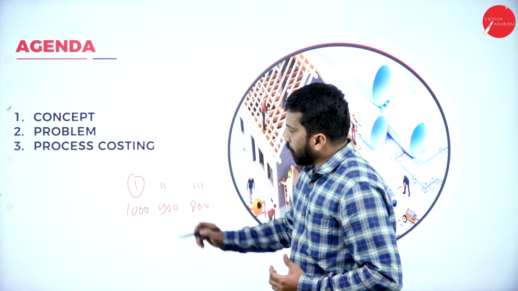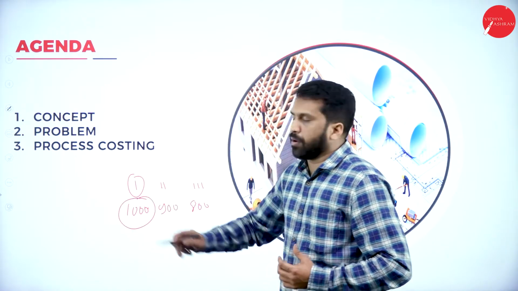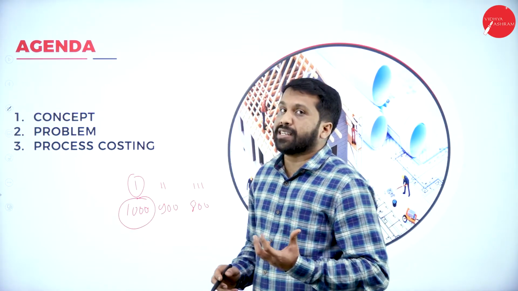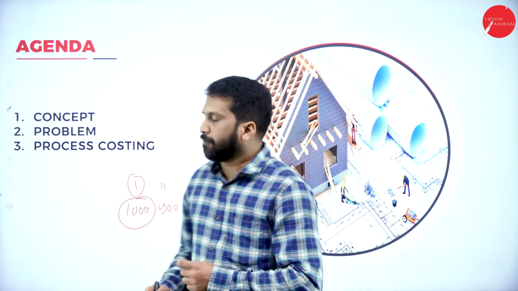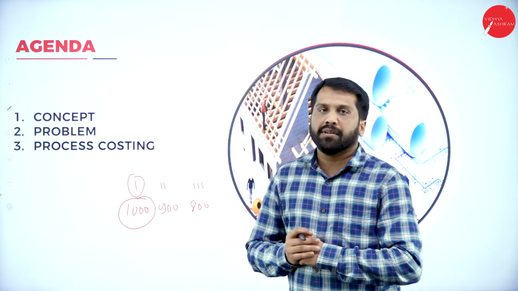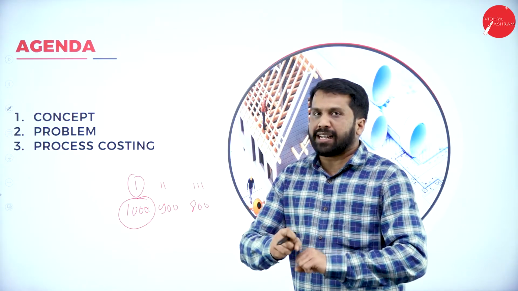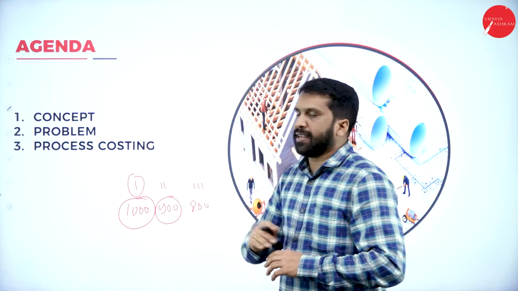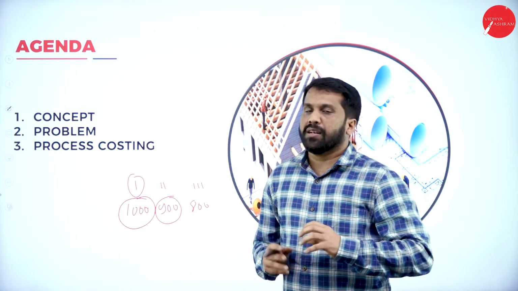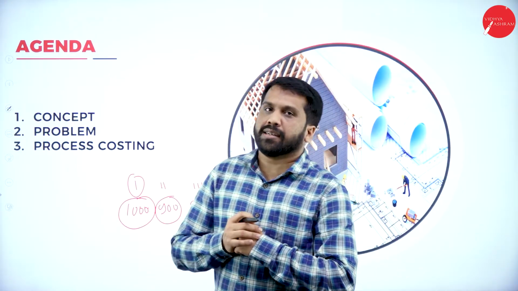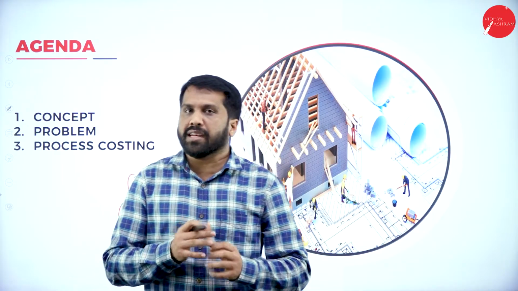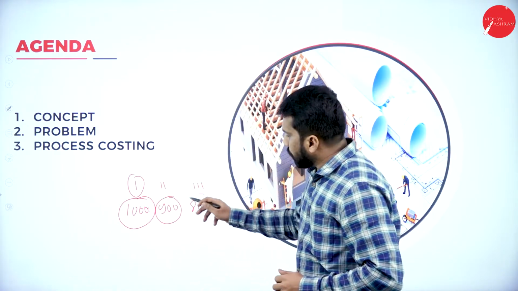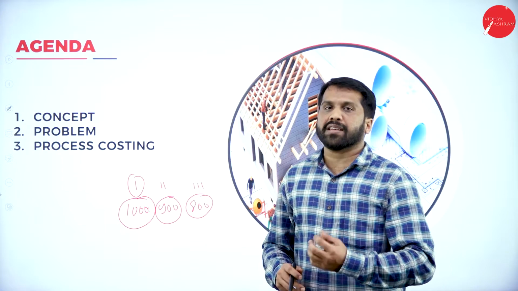Now, in the first process, what is the number of units? You have 1000 kilo of sugar cane. After the first process, crushing and all, everything is done, and 1000 kilo will become 900. It will reduce. After adding the chemicals and all, your final output will become 800 kilo. Clear?